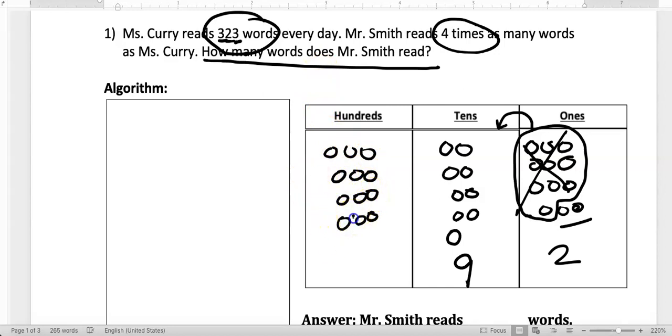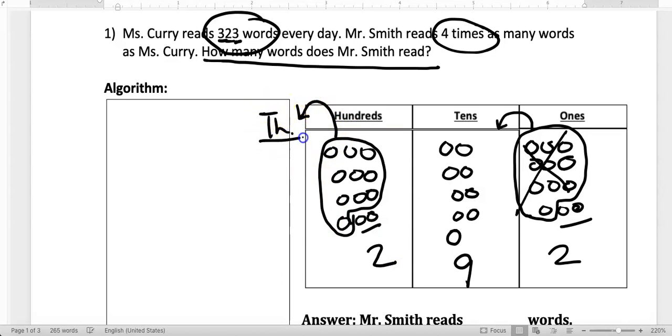So I have 10 hundreds here and I need to shift those and regroup them, leaving me over here with 2 hundreds. Those 10 hundreds would actually move over to the thousands place. So I'm going to put that TH there for thousands because I need to regroup these 10 hundreds. I bring that over to the thousands, giving me 1,000.